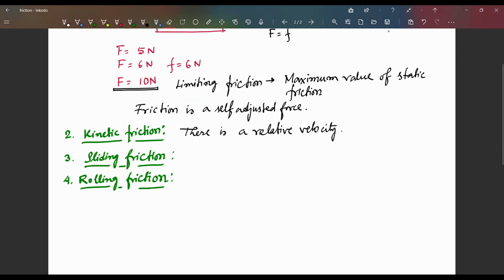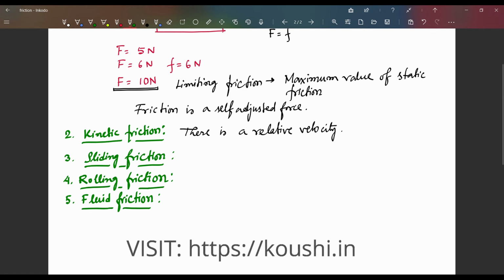There is another type of friction that is known as fluid friction. Whenever a body is moved through a stationary fluid, that is a gaseous or liquid medium, it experiences a frictional force that is known as fluid friction.